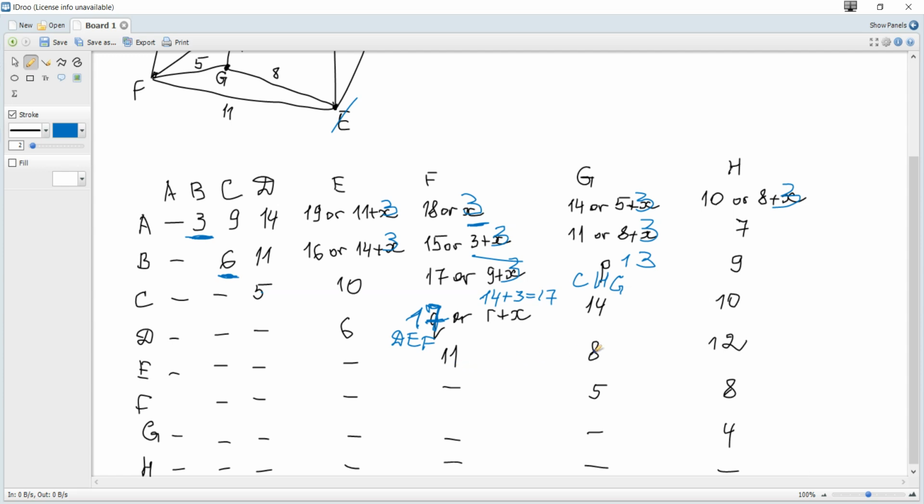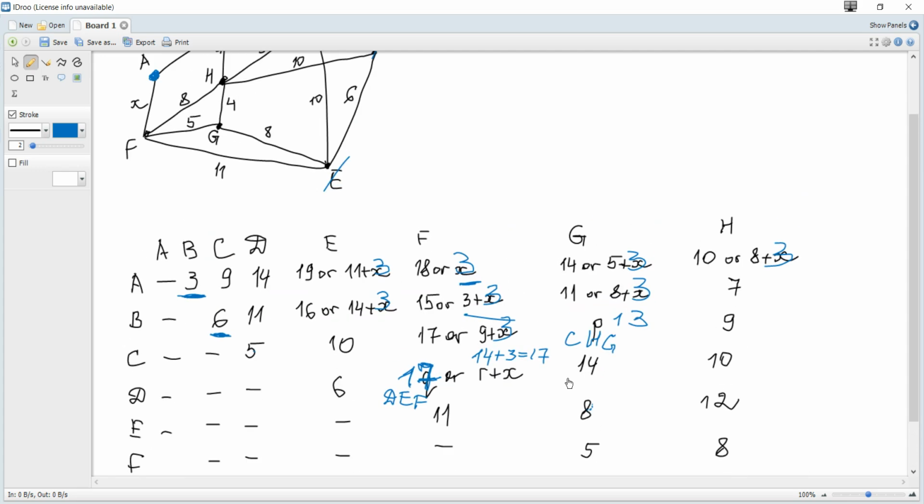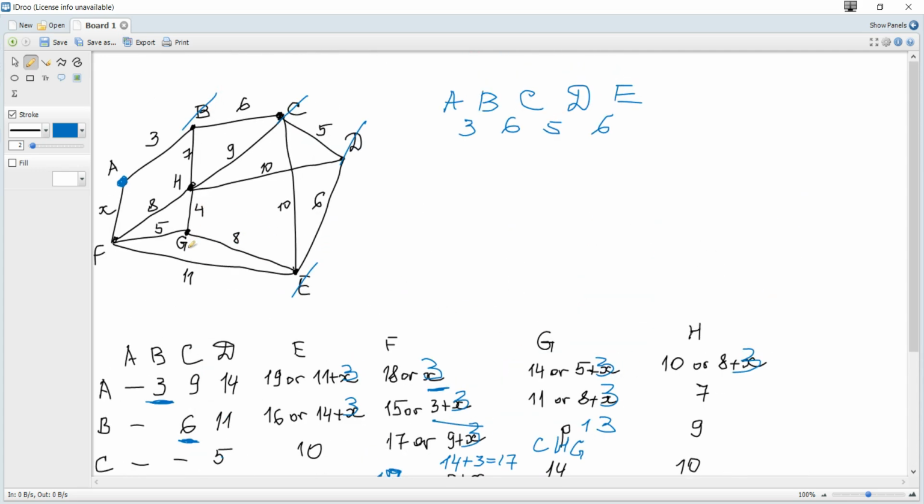Then from E you can see the least value is 8. It's to G. From E to G is the direct route. E, G, 8. Then from G definitely to H it's 4.